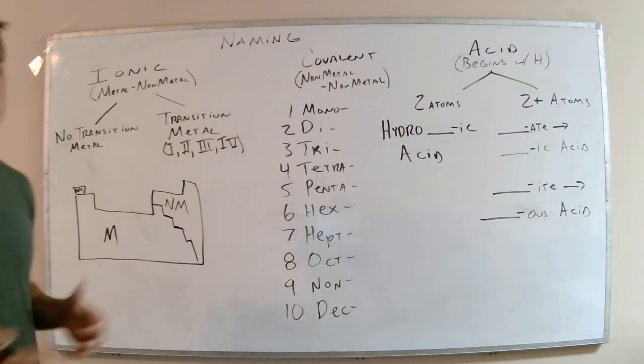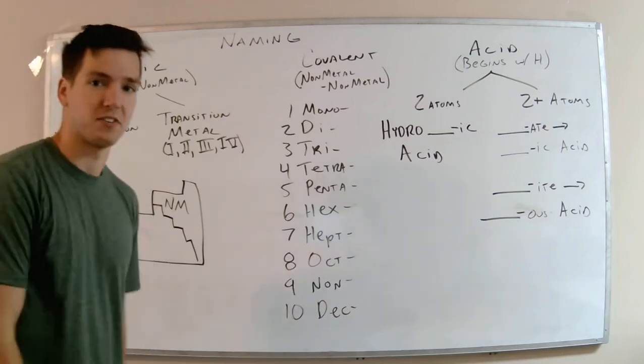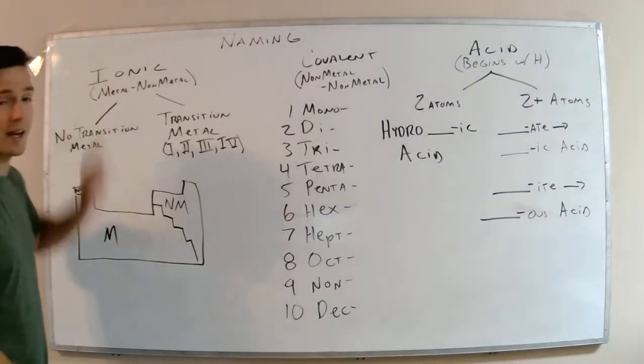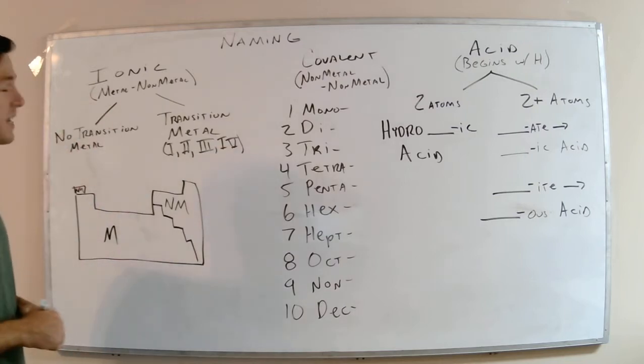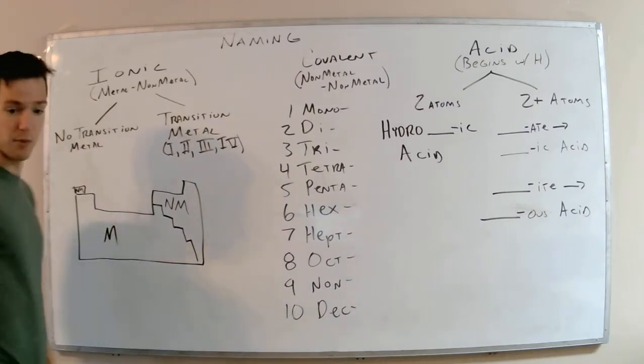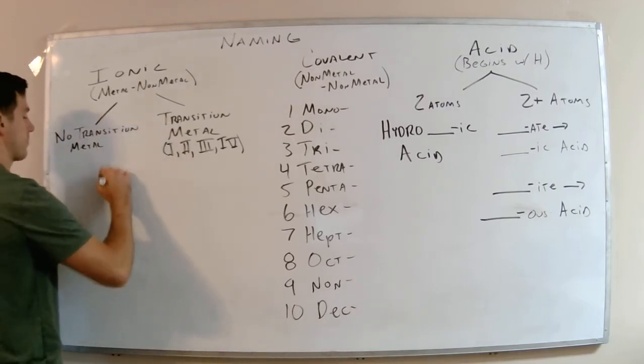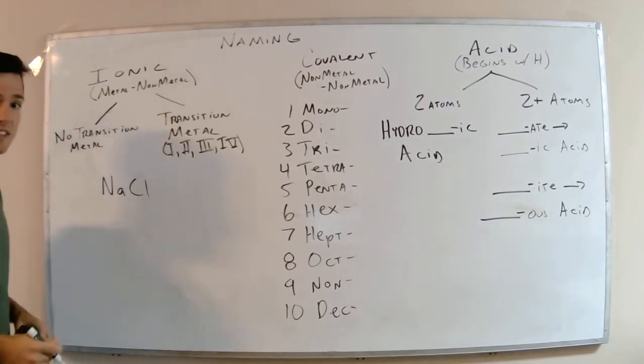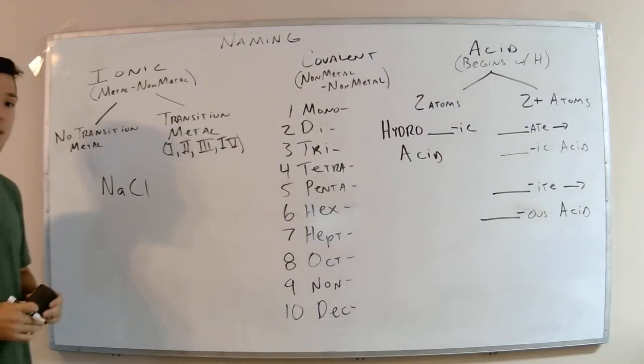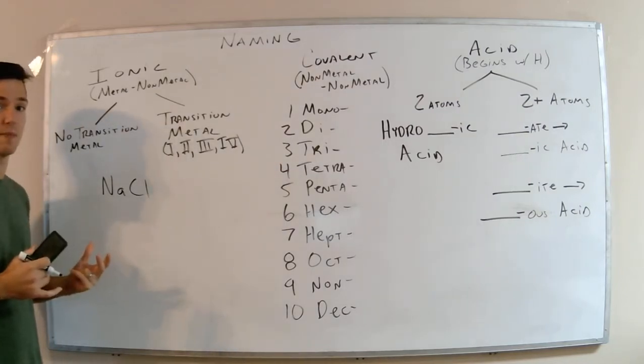I'm going to give an example of each of these real quick before I erase this whole thing that I wrote out, okay? So ionic, metal and a non-metal. An example of this, the most basic ionic bond, is NaCl, okay? It is a compound that does not have a transition metal in it.